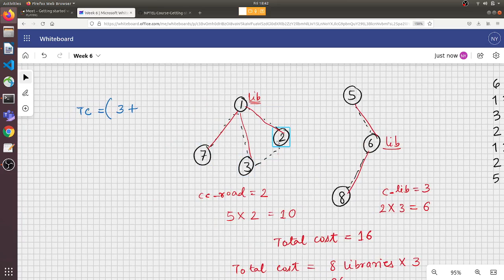So 4 minus 1, 3. 3 times the cost of a road, which is 2. Plus for the second connected component we construct one library, plus there are 3 nodes, so we construct 2 roads, and the cost of constructing 1 road is 2. So that gives us the answer.